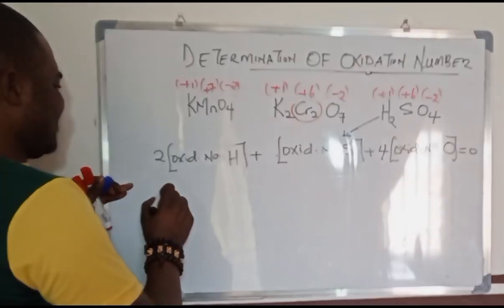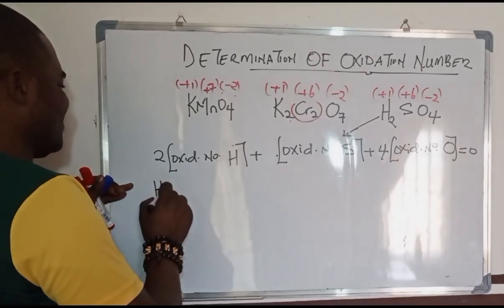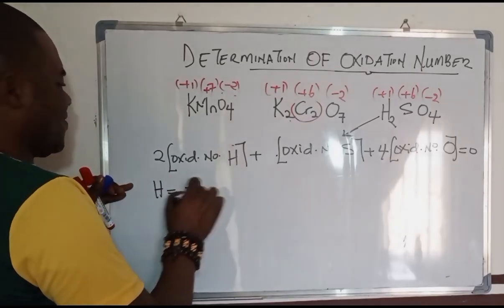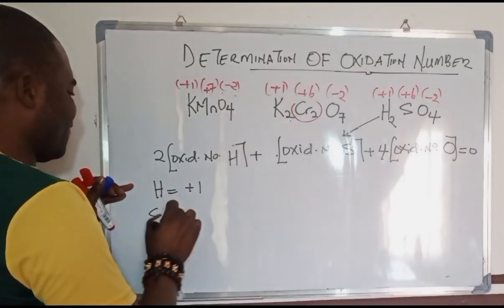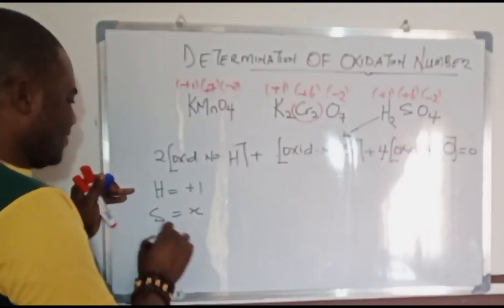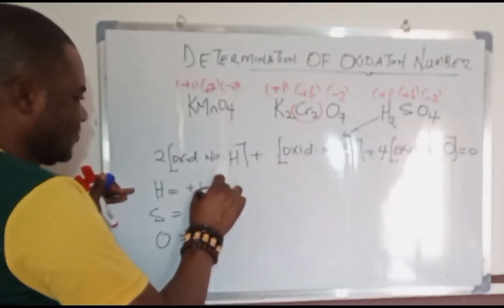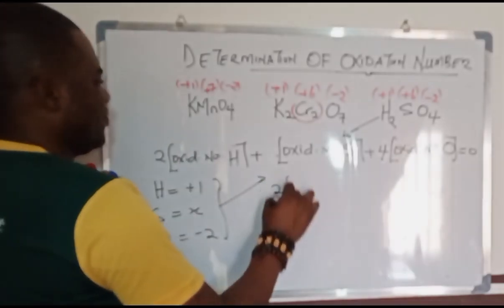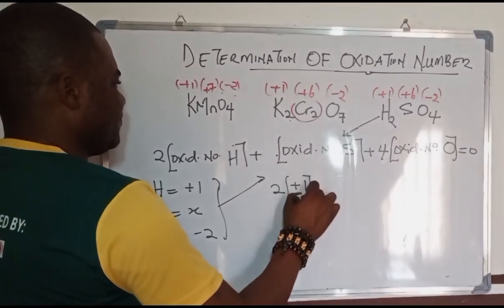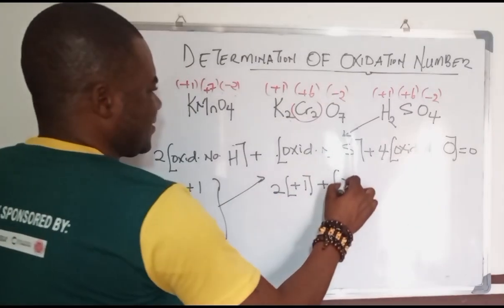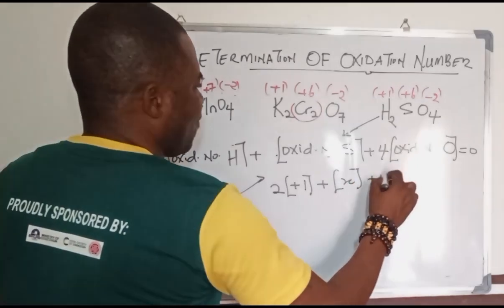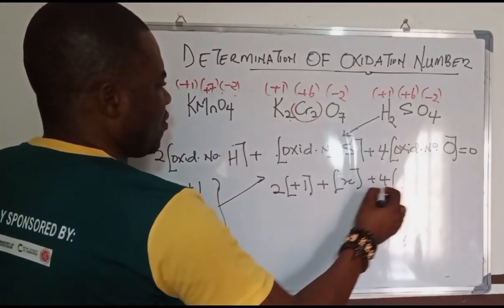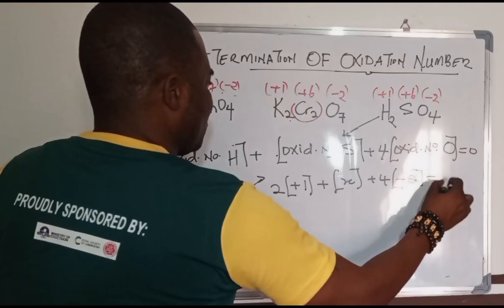Now, with this, it means that hydrogen is +1, and then sulfur we are looking for, and oxygen is -2. So we are putting this into this equation. So we have 2 times +1 plus x plus 4 times the oxidation number of oxygen, -2, equals 0.